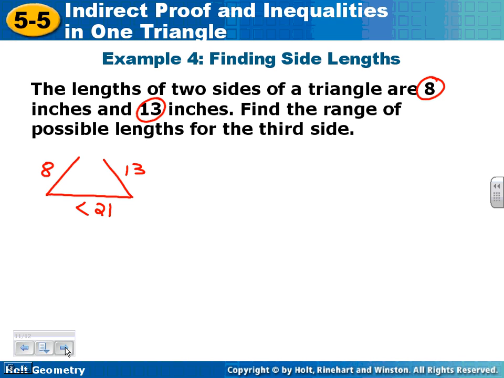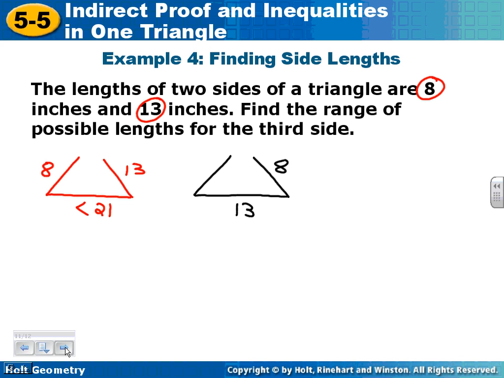But if I switched it, if I didn't put my 8 and 13 like this, I need a second picture. Let's say 13's there and an 8 is there. I put the 13 at the bottom because it's bigger than 8.